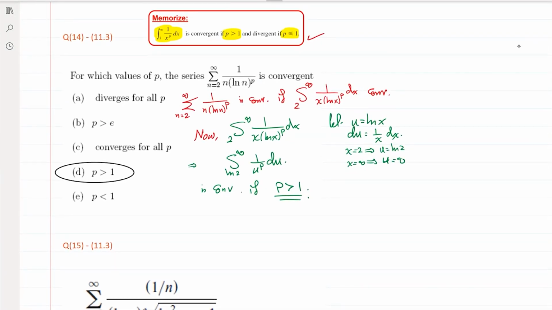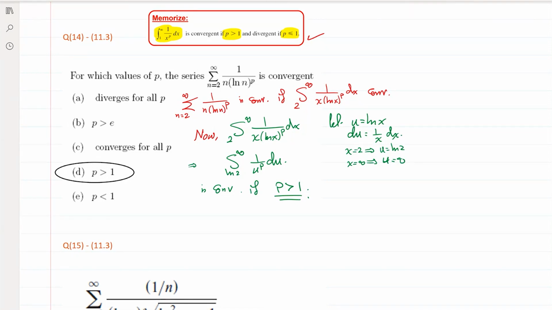Yes, it should be continuous, decreasing, and with positive terms. It is already with positive terms because n starts from 2. And I checked, when I told you why I use the integral test, because it's continuous. I avoid the problems at 0 and 1. I start from 2. This is the condition.